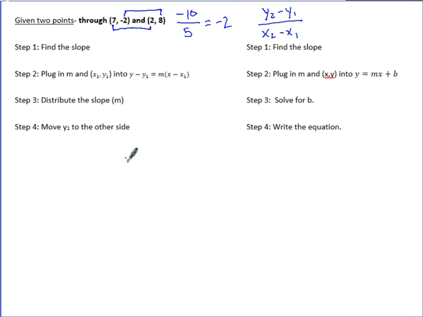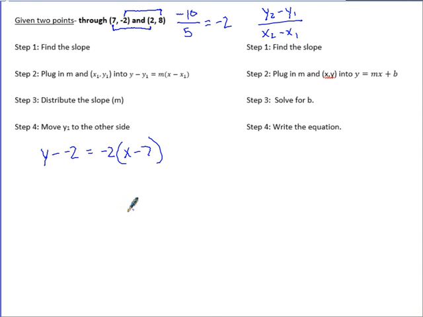Okay, so now, just like we did the last one, there's two different ways. If I plug it into point slope form, you can pick either one of these ordered pairs. It doesn't make a difference. Okay, so y minus y1, I'm just going to use the first one. So y minus -2, all right, equals m, which we found out is -2, times parentheses x minus, and my x was 7.